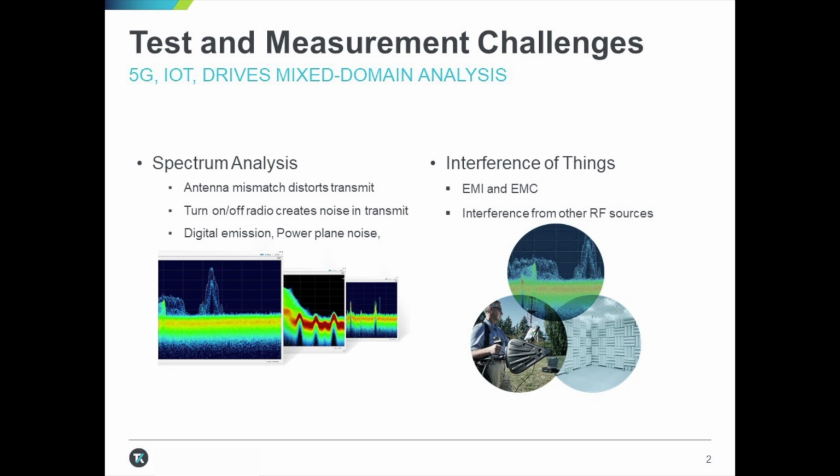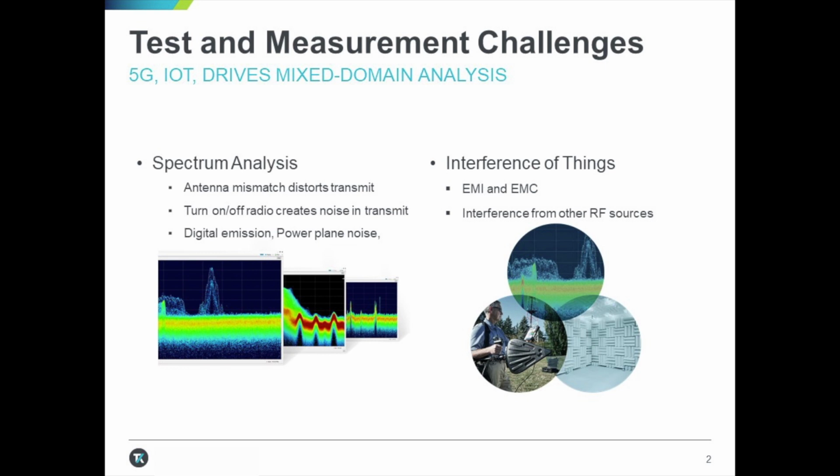RF emissions from non-EMC compliant products cause radio frequency interference on products placed in close proximity with one another. Even more so, as switch mode power supplies grow more prevalent, they're also becoming smaller, more efficient, and using higher and higher switching frequencies.